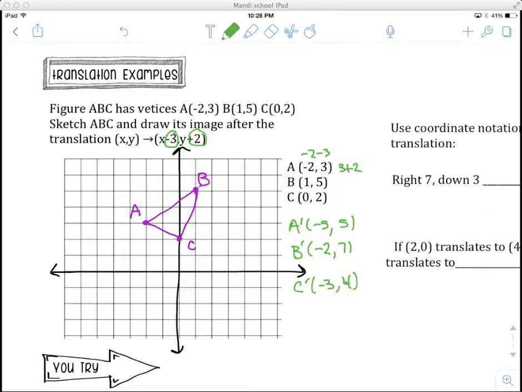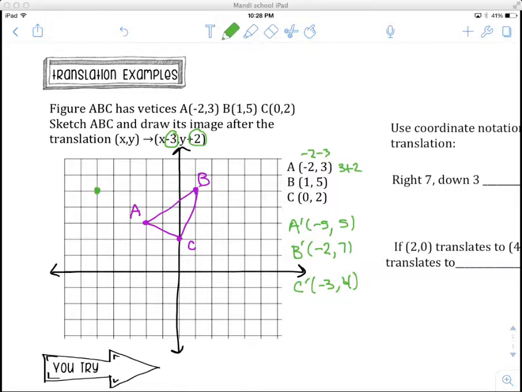So this should just move it down 3 and right 2. So let's graph those points and see. So it goes 1, 2, 3, 4, 5, 1, 2, 3, 4, 5. How about I said that backwards? How about it goes left 3 and up 2? That would make more sense anyway.